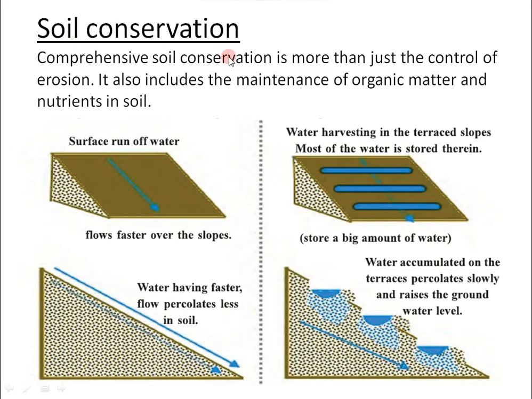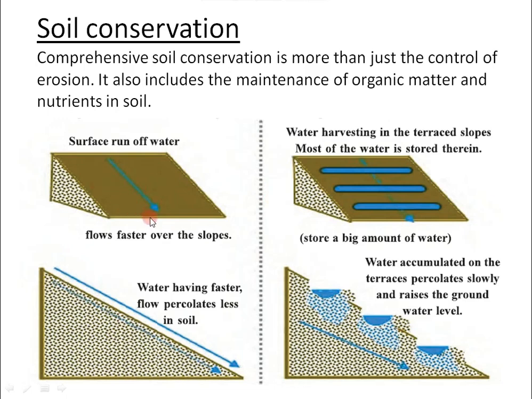Next is soil conservation. The word conservation means to prevent soil erosion and to maintain the quality of the soil. It includes the maintenance of organic matter and nutrients in the soil. In this image we can see a slope, one type of landform.